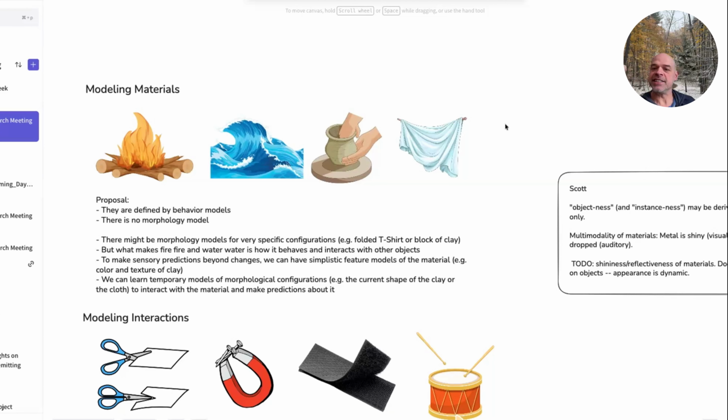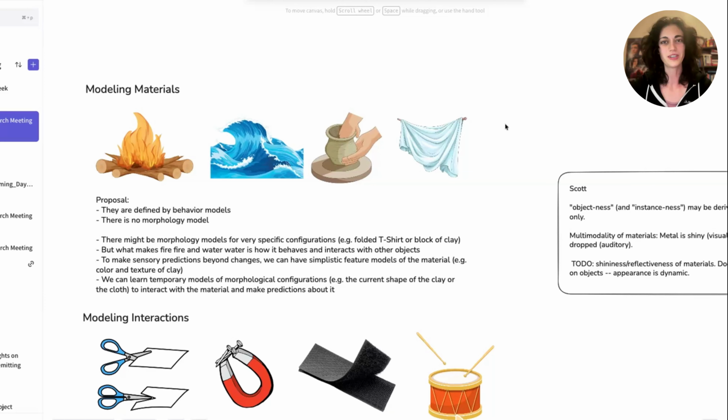Are you saying you don't have one, or that there isn't one? That's a proposal, that there isn't one. It's defined by its behavior. I started with the opposite conclusion. I said, since I can infer a t-shirt that's crumpled and it's not exhibiting any behavior, I must have a morphology model for the t-shirt somehow that is not a behavioral model.